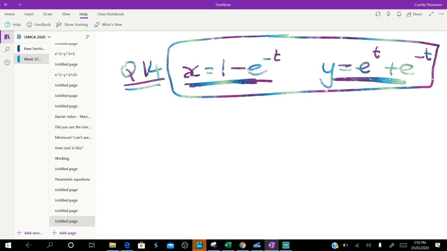You can do this with me as I go. I'll do it on the screen, but you should do it on a piece of paper, and then we'll go back over it. So I get e to the negative t is equal to 1 minus x. Then I'm going to take logs of both sides.